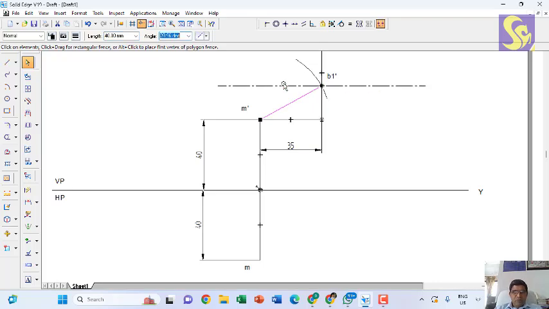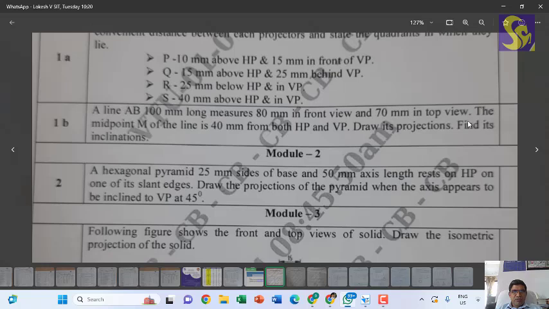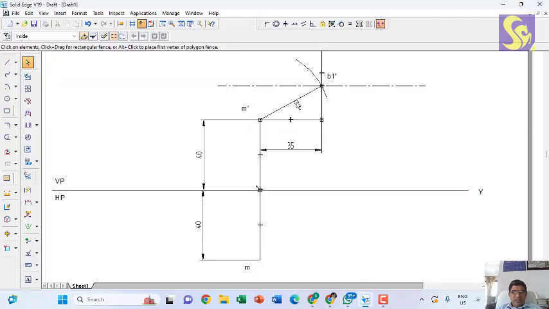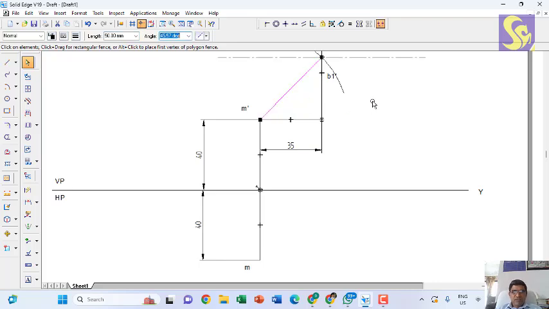This should be 40, it should not move. By then now I can take half the true length of the front view. Okay, rather this true length was 100, so I have to make it 50, half the length is 50.